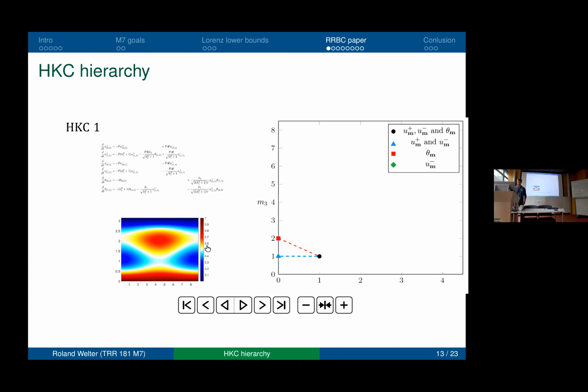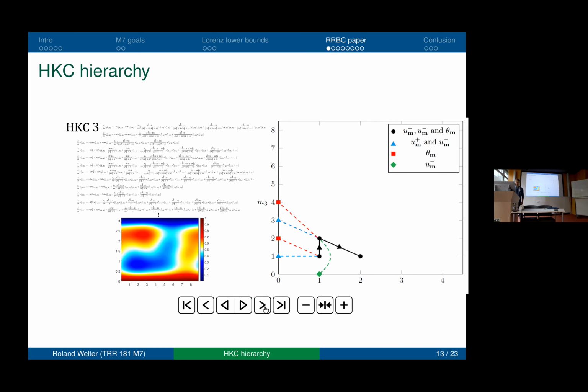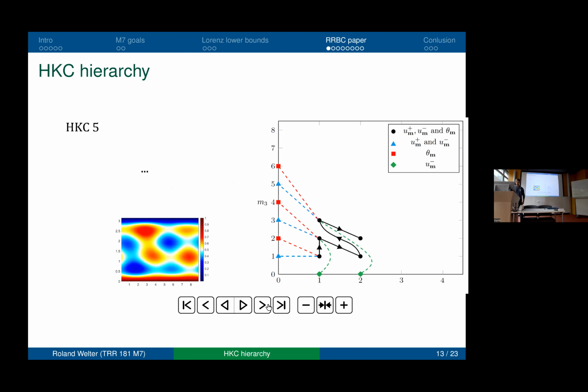And we represent kind of coarse flows, but then we attach more Fourier modes and get a larger set of ordinary differential equations. We can then represent more complicated flows. And since we've generalized this, we can go as far as we like. We get larger and larger ordinary differential equations, but then can represent more and more complicated flows.